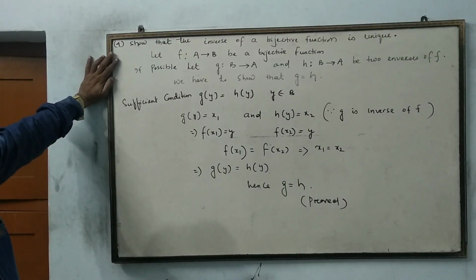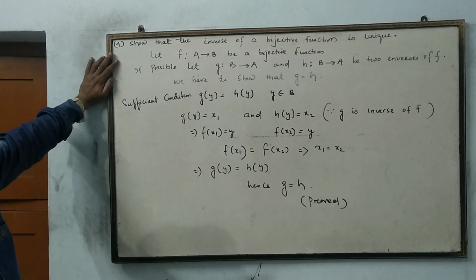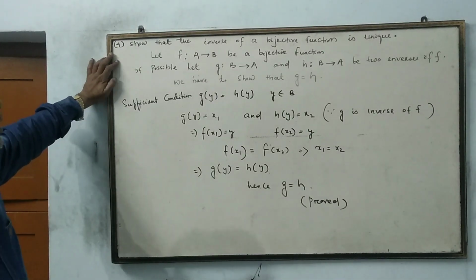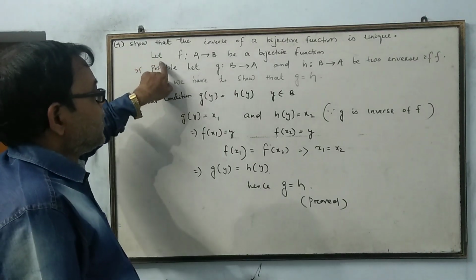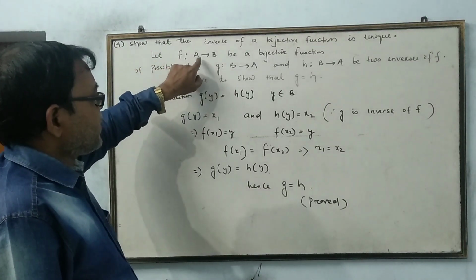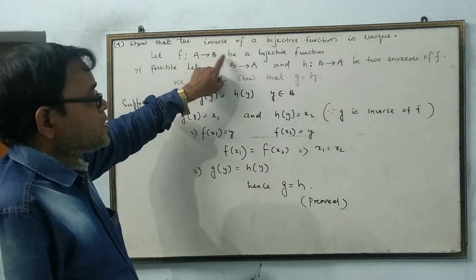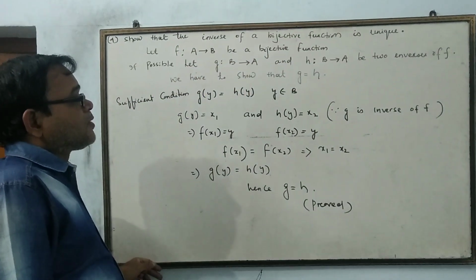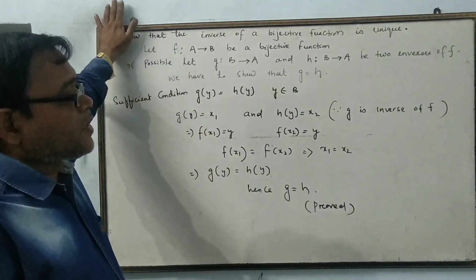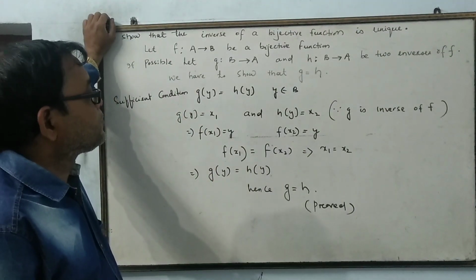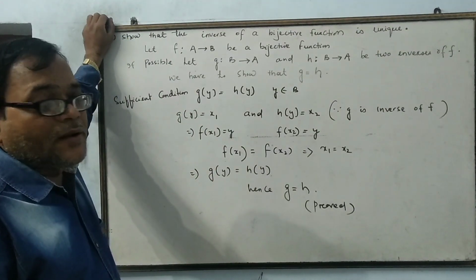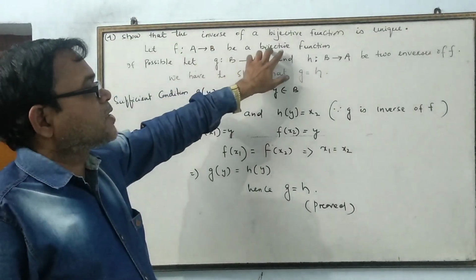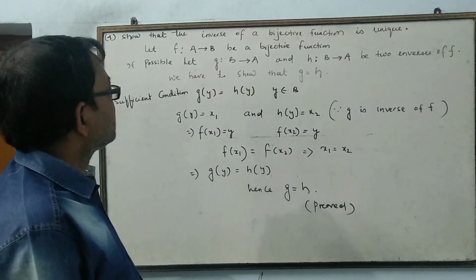Question number 4. Show that the inverse of a bijective function is unique. Let f be a function from A to B which is a bijective function. What is a bijective function? If the function is injective as well as surjective. Another condition is that a bijective function is an invertible function.